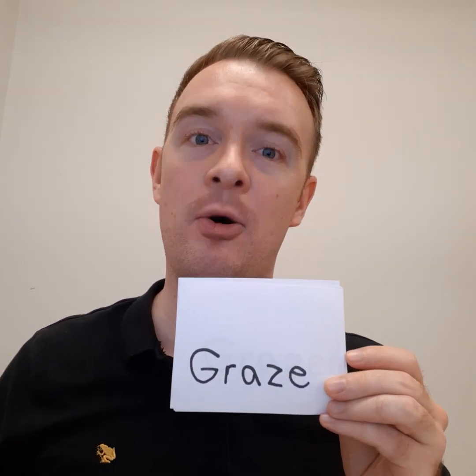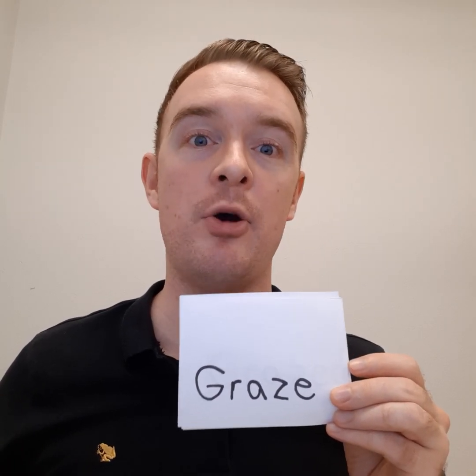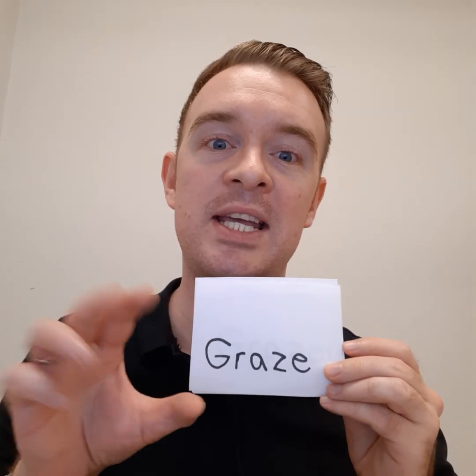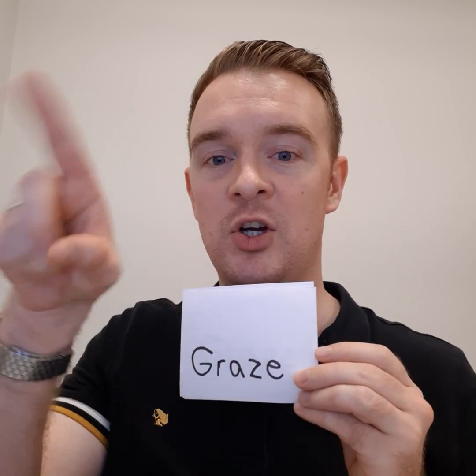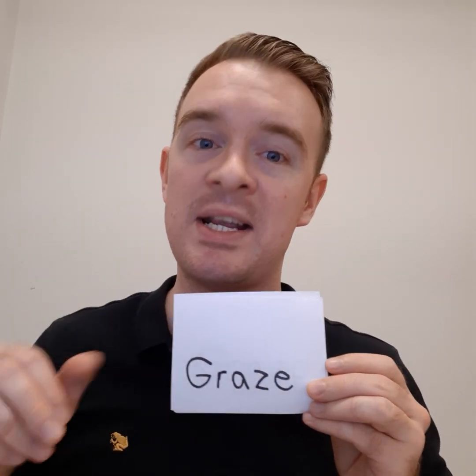And graze is what cows and horses and sheep and goats do. They walk around all day and they eat the grass here, they eat the grass here, they go over here, they eat more grass. That is to graze.